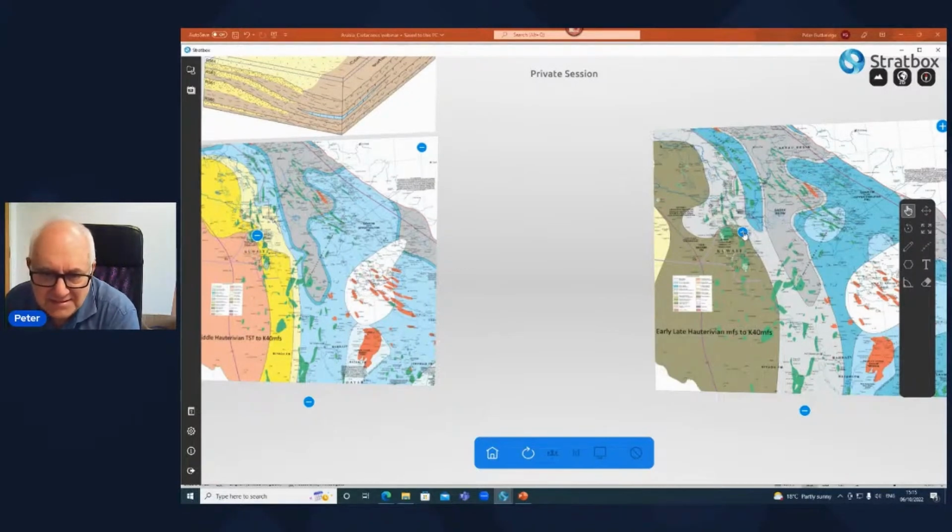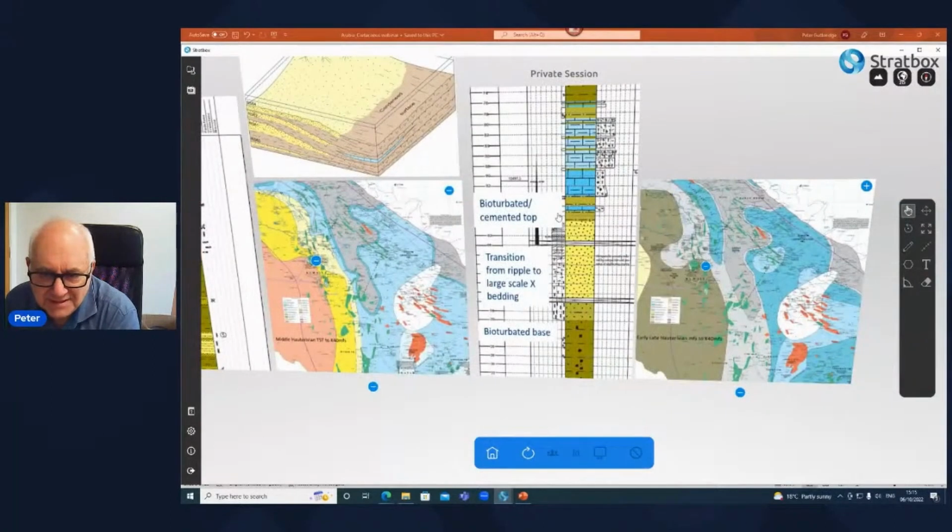Now this is an example of a sedimentological log through these transgressive sandstones. So we have these typical coarsening upward sandstones, which are then abandoned, and the tops are either bioturbated or cemented. So these are the low stand fans that were reworked during the transgression, and then during the maximum flood they get abandoned, and we get a low energy marine environment developed over the area.